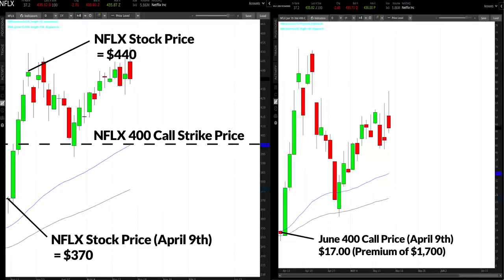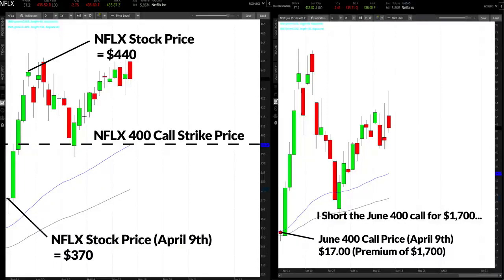On that day, this 400 call option, expiring in June, closed at a price of around $17, meaning the premium was around $1,700. So let's say I was a trader who believed that Netflix was not going to increase above $400 through the June expiration, and I thought Netflix would either trade sideways or even trade lower, leading to a decrease in the call option's value over that time period.